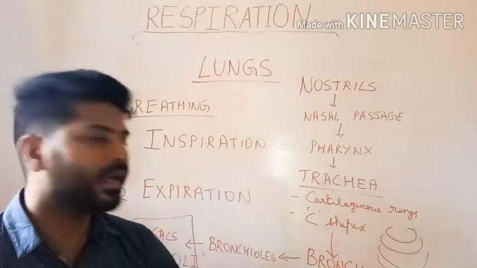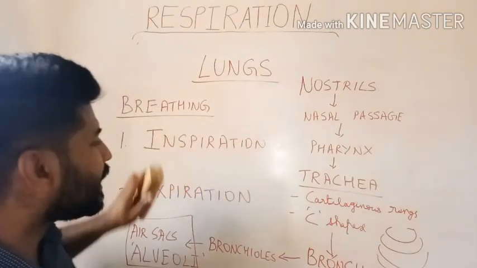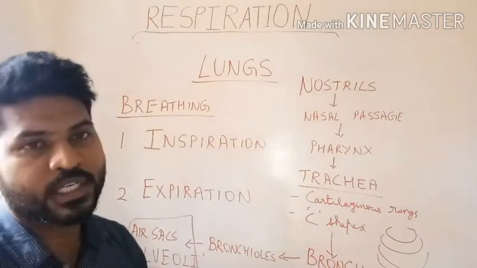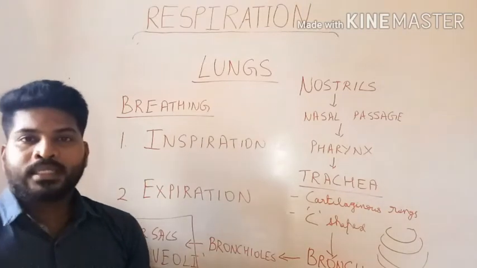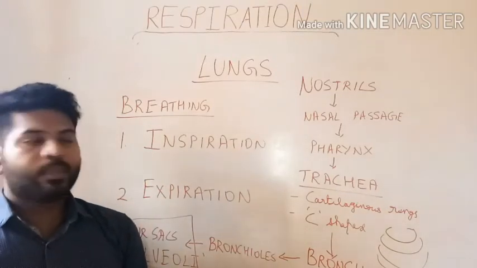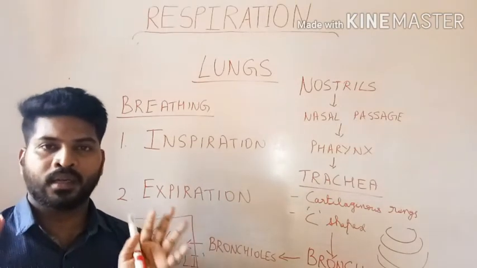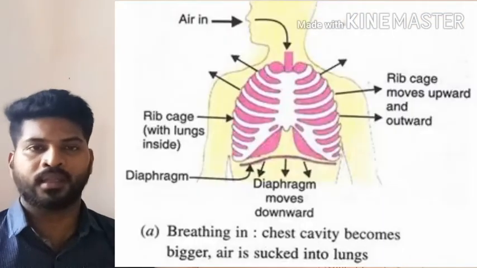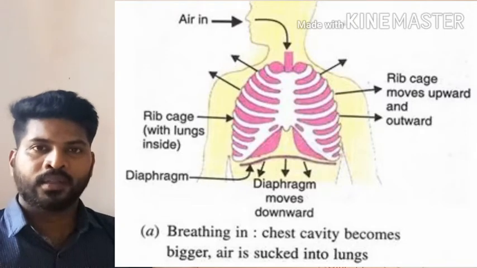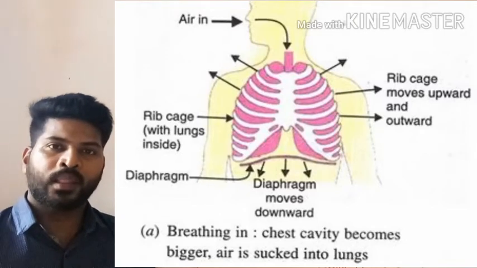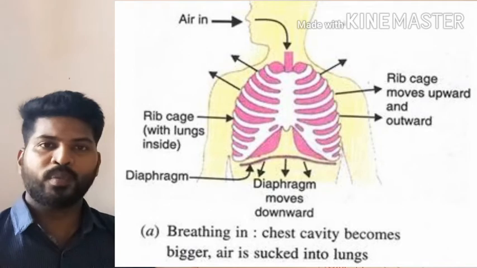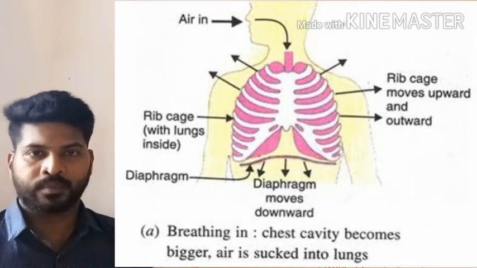So let us now understand the mechanism of inspiration and expiration. Step number 1 is the process of inspiration. When we are in the relaxed state, when we are not breathing, the diaphragm is dome shaped, so it is concave shaped.